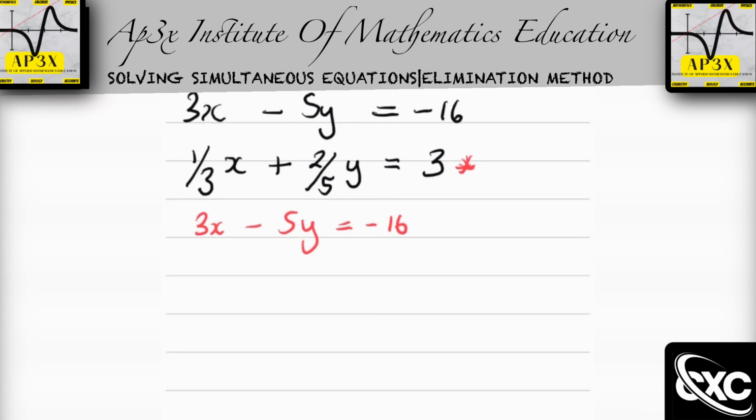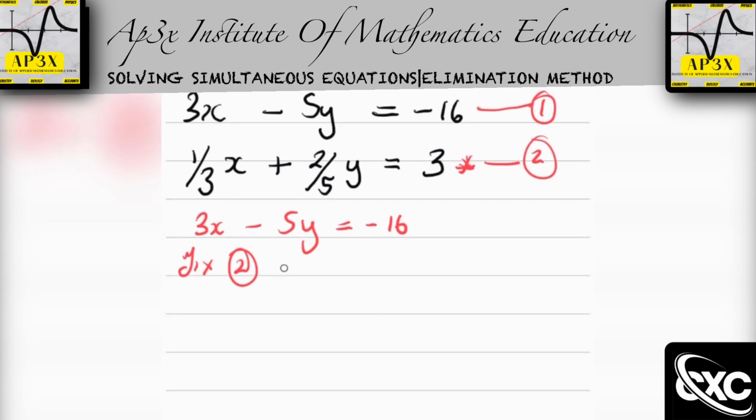If we remember a concept that I taught in one of my previous videos, we said that if the denominators are different, we can multiply the whole equation by the LCM. So I can fix equation 2. Let's write fix equation 2, because this is equation 1, this is equation 2. So fixing equation 2, the LCM of 3 and 5 here is 15.